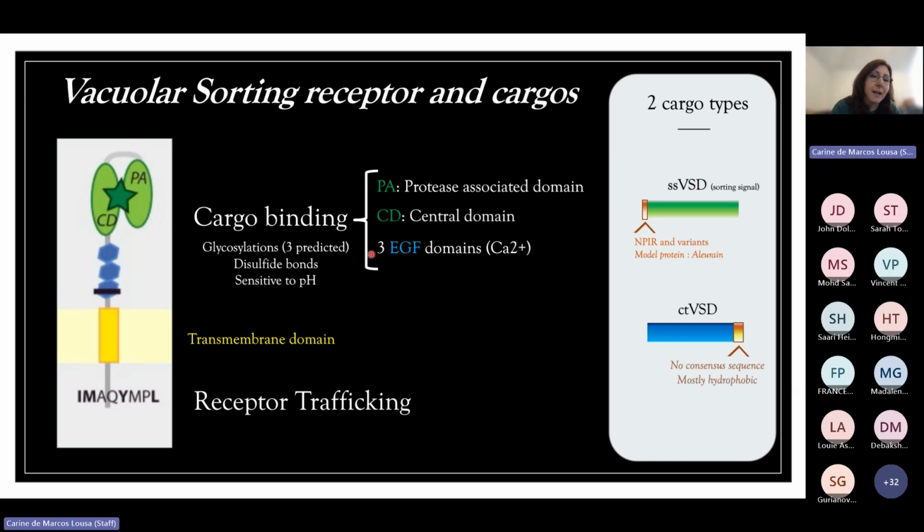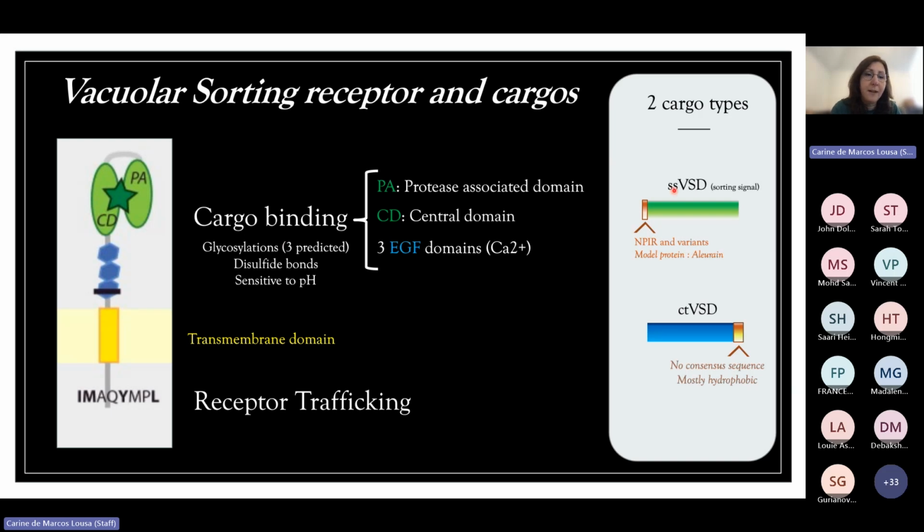What we knew at that time is that glycosylations were predicted to affect cargo binding, that there were some disulfide bonds, although they were not identified, and that binding and trafficking is sensitive to pH, but we hadn't a clue about how all these modifications and conditions affect the trafficking and binding of the cargo.